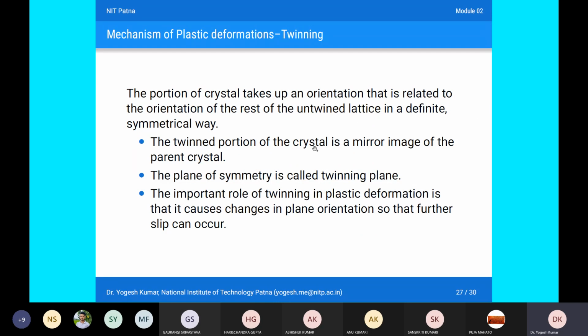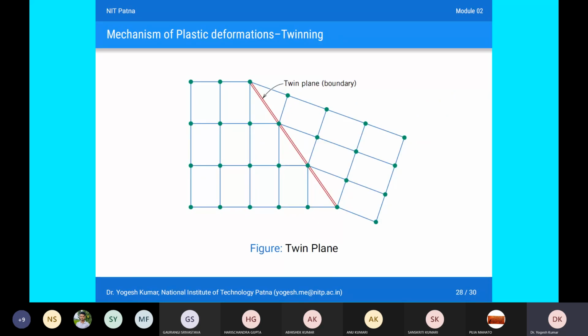The twinned portion of the crystal is a mirror image of the parent crystal. The plane of symmetry is called the twinning plane. The important role of twinning in plastic deformation is that it causes changes in plane orientation so that further slip can occur.